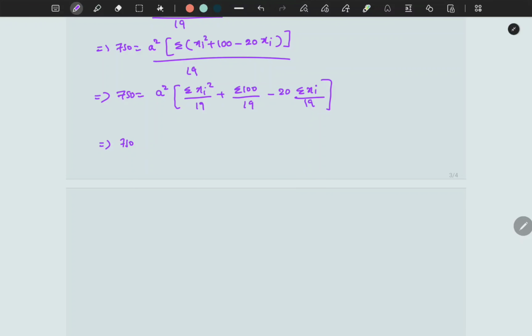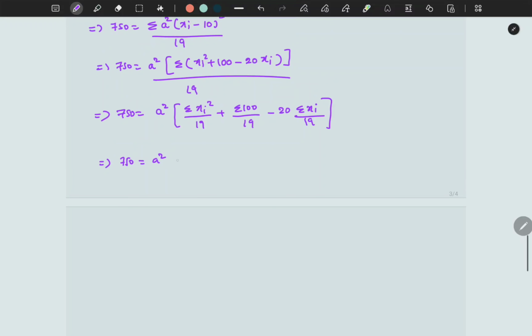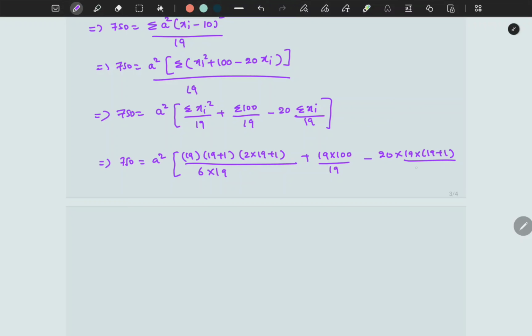So what do we get? Sigma xi square, the sum of squares of natural numbers, will be n into n plus 1 into 2n plus 1 divided by 6, right? And we do have a 19 here. And sigma 100, how many times is 100 repeated? 19 times. So 19 into 100 divided by 19, minus, and sigma xi we know is n into n plus 1 divided by 2.